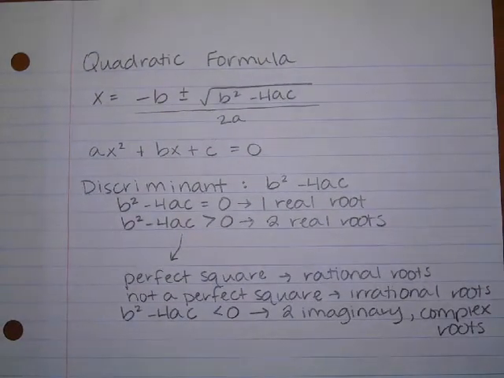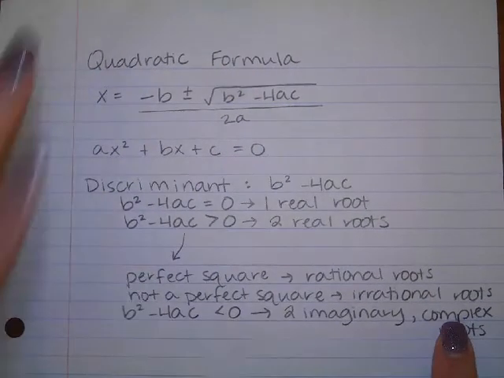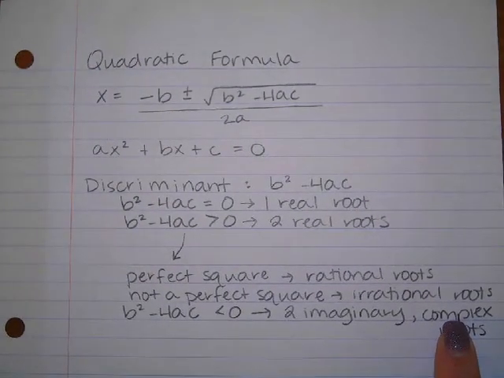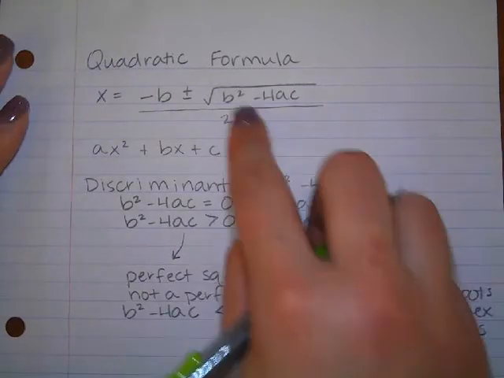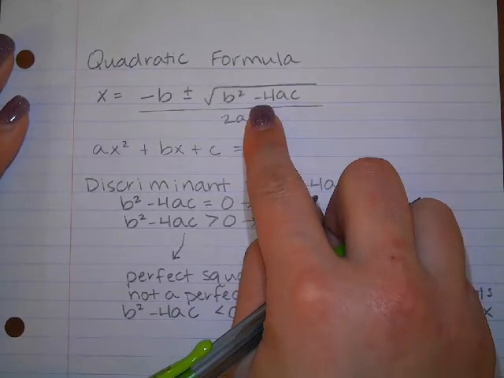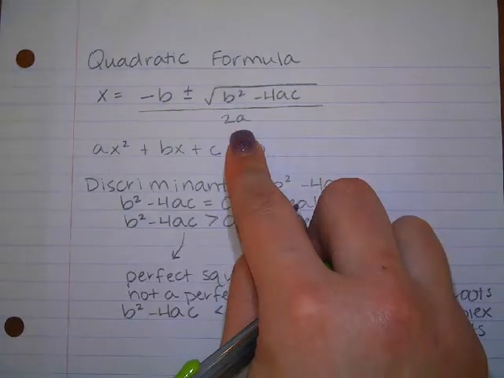Okay, so the word complex in math means that part of the number is real and part of the number is imaginary. So when you look at a complex root, or an imaginary answer in this case, the imaginary part is the part that's underneath the square root, but the negative b and the 2a are still real.